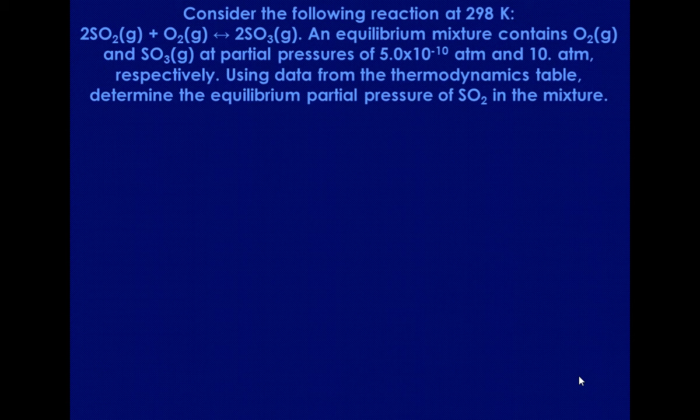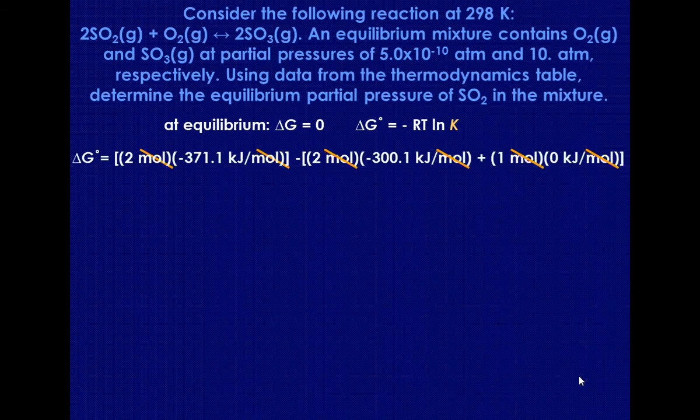So if I have my relationship, I'm at equilibrium, so I can use that the standard free energy is equal to negative RT natural log of K. I can use the thermodynamics table to calculate what delta G is. I know what my R is, and I know my temperature in Kelvin, 298, and I should be able to use all of that to solve for what the value of K is going to be for this particular mixture.